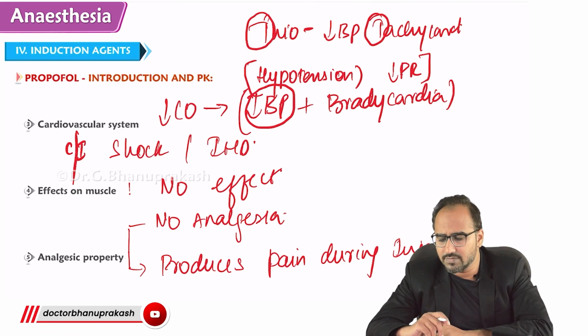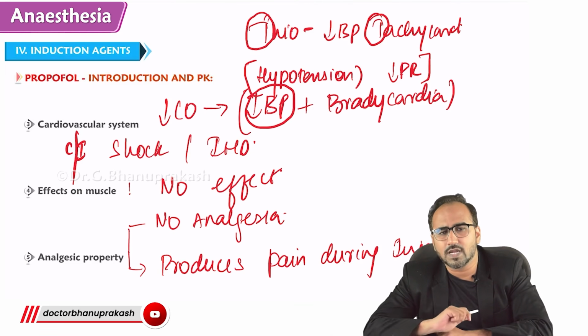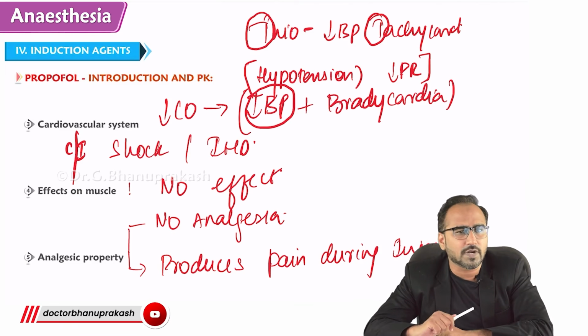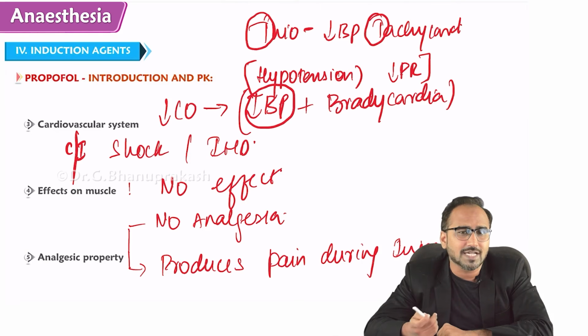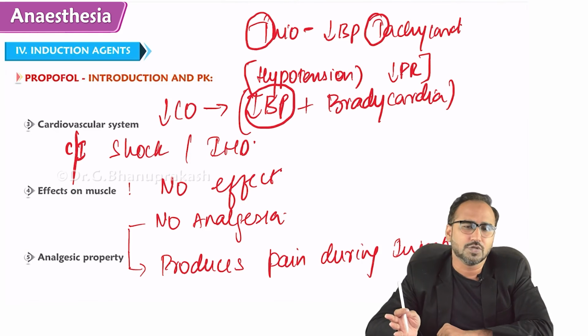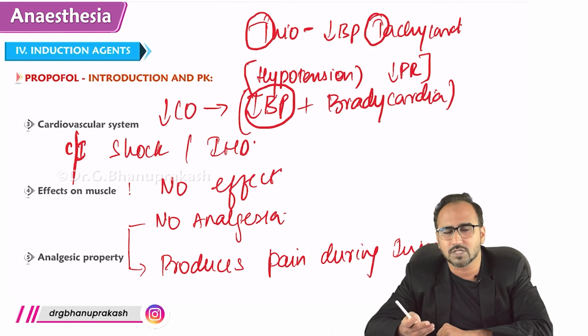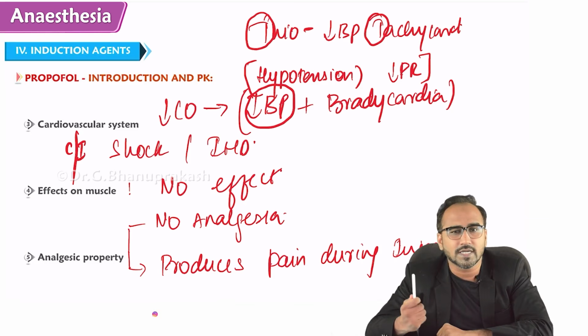Next system, cardiovascular. Propofol is contraindicated in shock as well as ischemic heart disease. So we can easily remember this. But one extra contraindication we need to remember is that propofol is contraindicated as a long-term infusion.